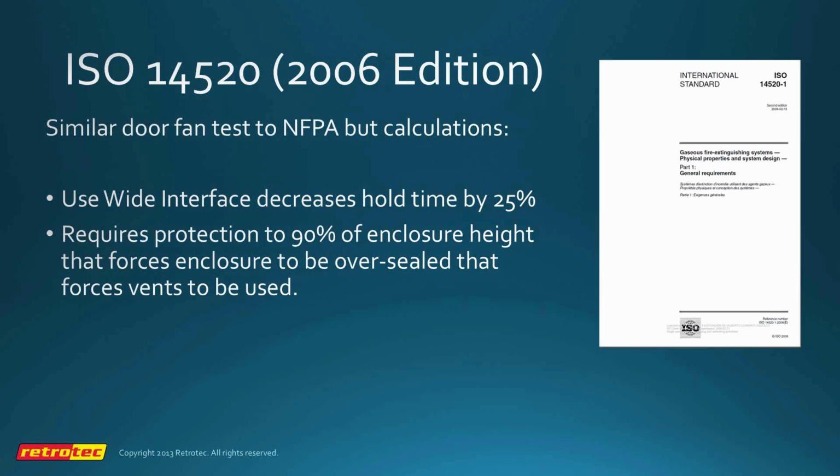For those of you doing ISO, the 2006 version has gone just the other way and is using a wide interface, which has now decreased the hold time by 25%.